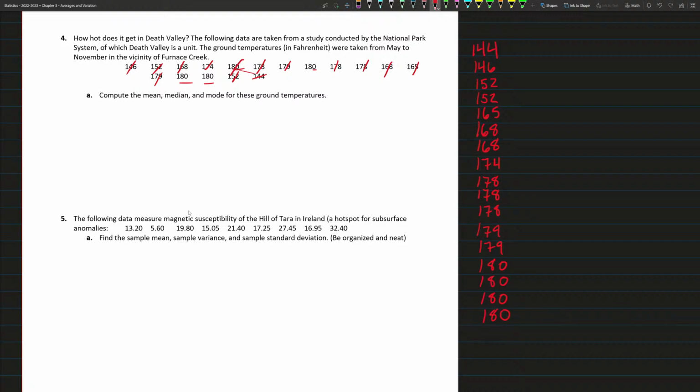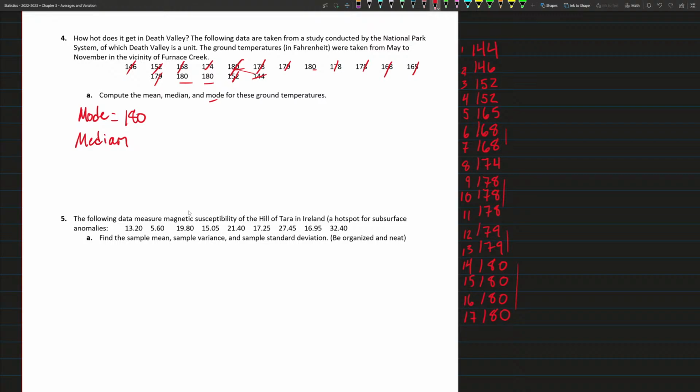Always welcome. So we need to compute the median, or actually we can do the mode first. There are four 180s, so the mode is 180. So most of the repeated temperatures recorded is 180. For the median, we just need to line these up. So there are 1, 2, 3, 4, 5, 6, 7, 8, 9, 10, 11, so 17 values.